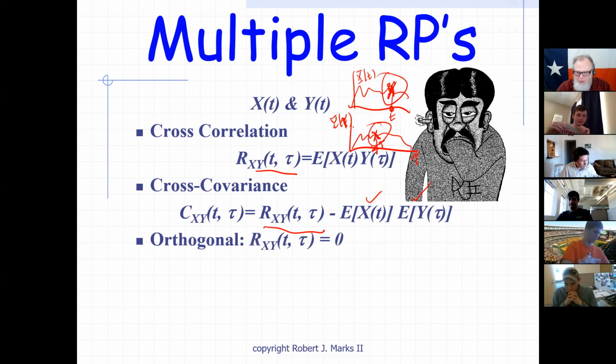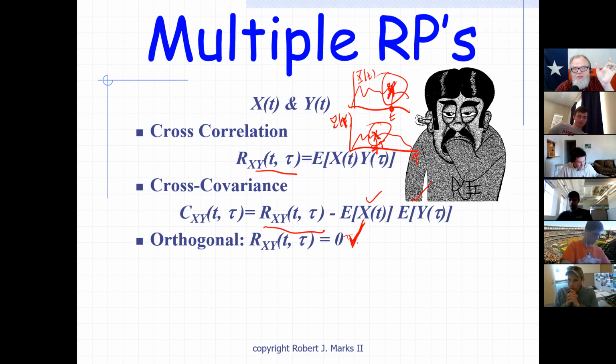In the literature, you will hear of orthogonal random variables being written as the case where the cross correlation is equal to 0. You're familiar with the idea of orthogonal. That's when the inner product of a couple of vectors is equal to 0. Then the two vectors are orthogonal to each other.